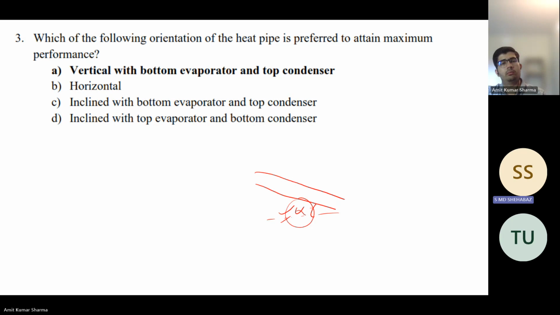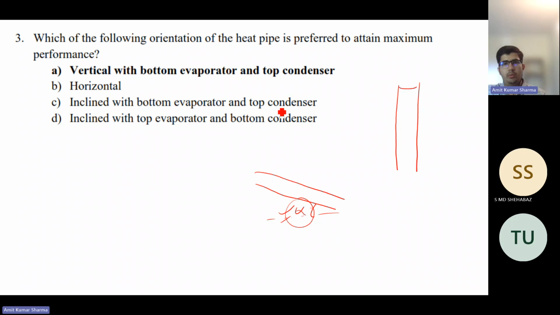Sir, vertical with bottom evaporator and top condenser. Okay, and what is the reasoning? Sir, heat flows from the hot end from bottom to top, no, sir.